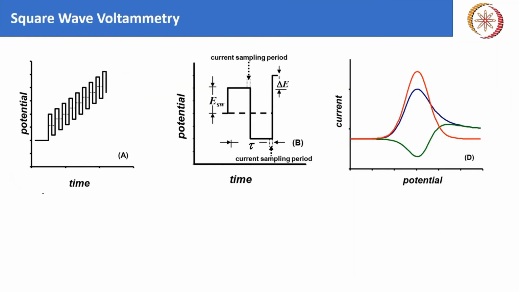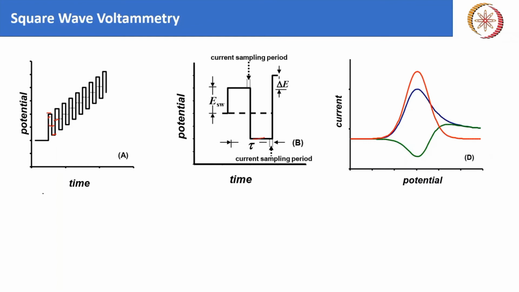Now square wave voltammetry, which we have discussed in the introduction part. Basically in square wave you are applying a voltage pulse for some time, then giving relaxation, and it comes to some potential. So in the square waveform you are applying the potential and relaxation time.